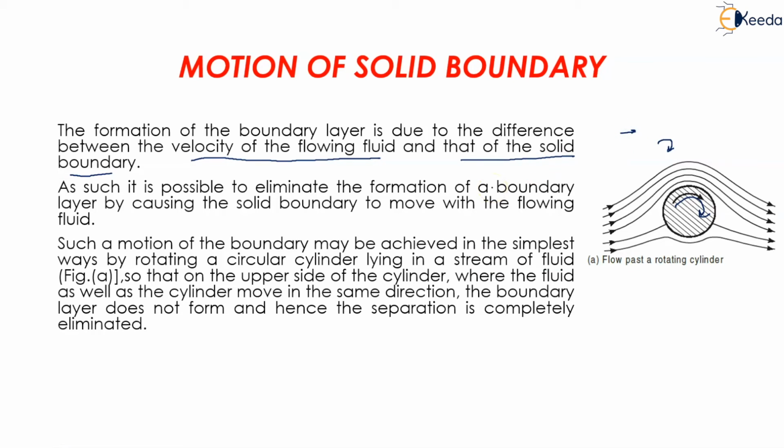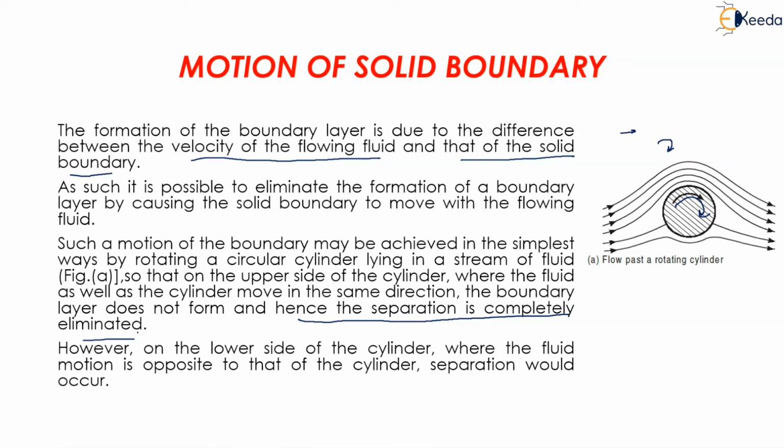The boundary layer does not form and hence the separation is completely eliminated. However, on the lower side of the cylinder, where the fluid motion is opposite to that of the cylinder, now again here the body is moving in this direction, fluid is moving in this direction, the separation would occur.